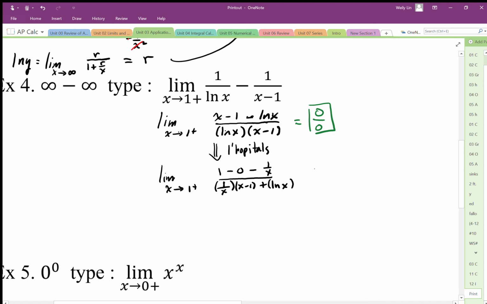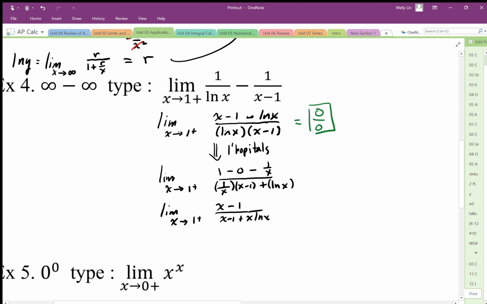So I'm going to multiply the top and bottom by x to get rid of that divide by x. Okay, so I'm going to end up with the limit as x goes to 1 from the positive side. This ends up being x minus 1 on top, and I end up with x minus 1 plus x log x.